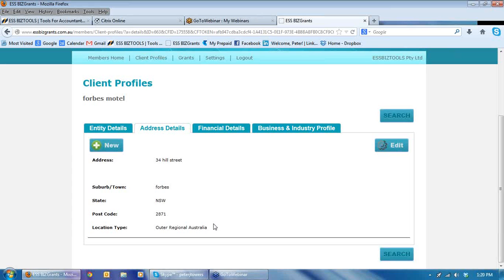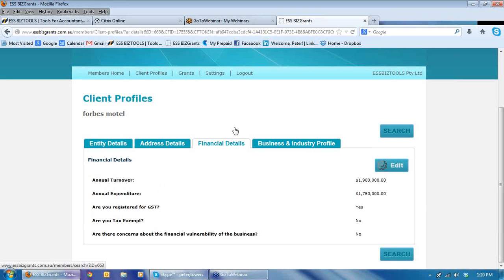All they need is an Australian business number, and thirdly, the turnover requirement is only $750,000. The maximum is $100 million. The financial details is just a repeat of what we've already placed in.